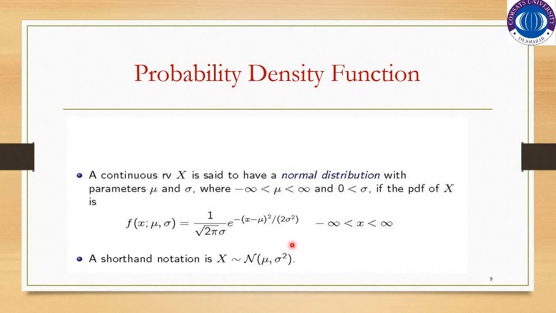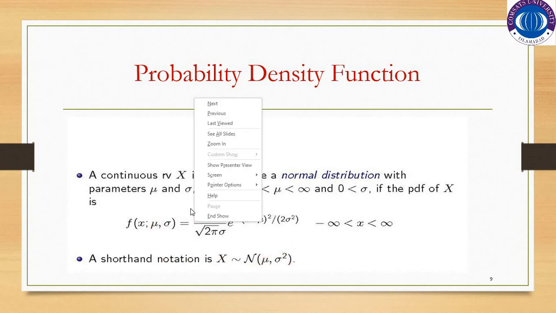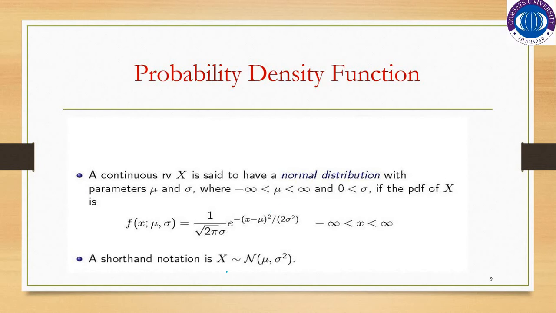infinity. If you write in the shorthand notation, x follows the normal distribution with mean mu and variance sigma square. So this is the way to write out that this random variable is following the normal distribution with the parameters mu and sigma square.